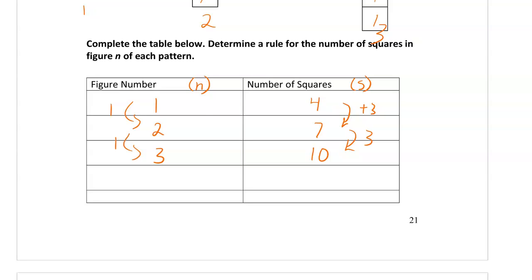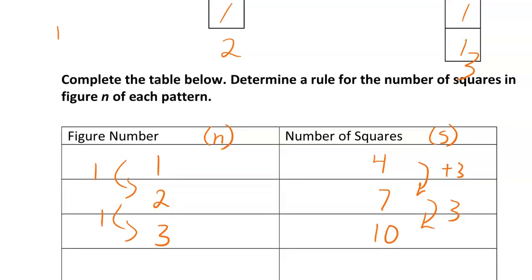Now, our important step here is if we had 0, going back, negative 3, because we're doing the opposite. We're going from figure 1 to 0, so we're going to have 4 subtract 3, which will get us 1.